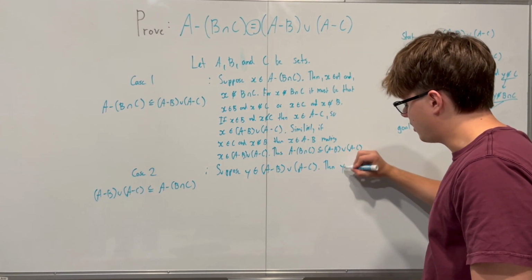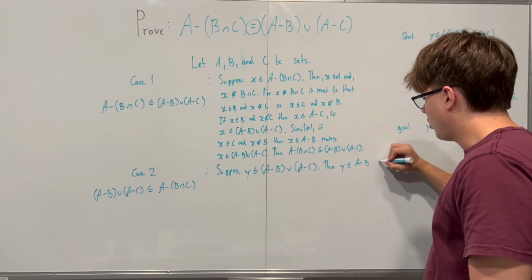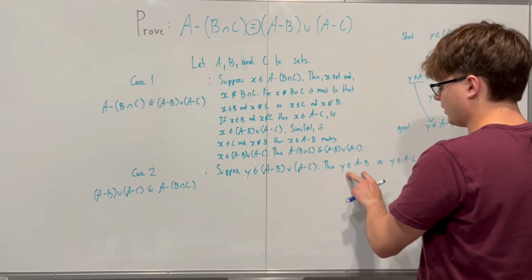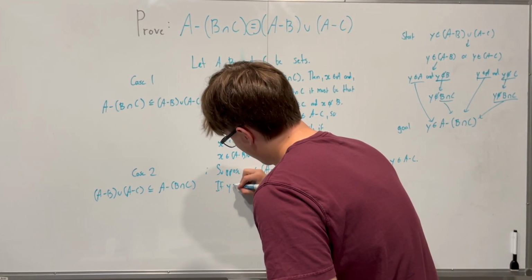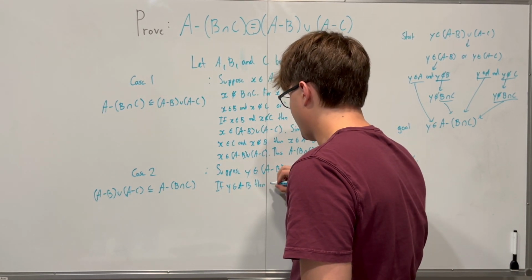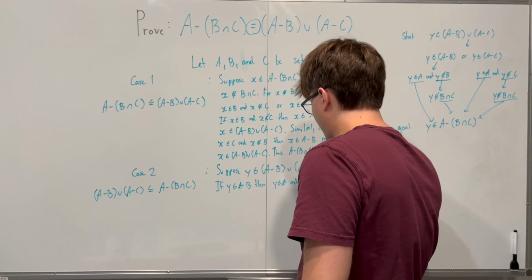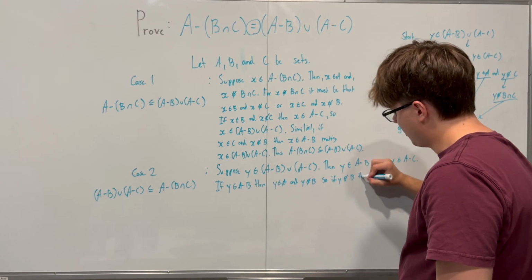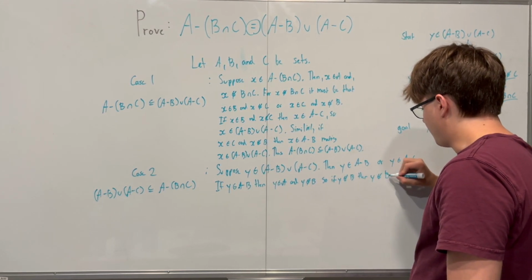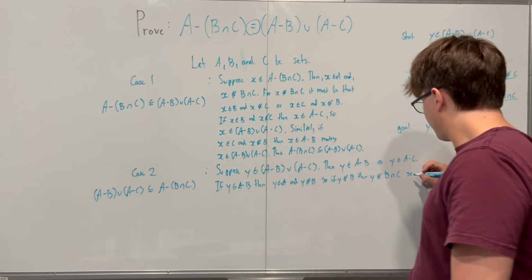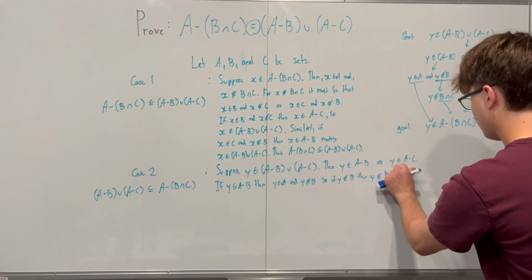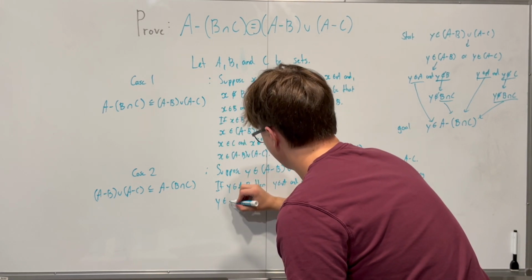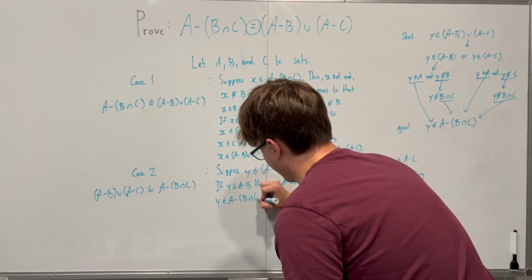We can then say, then y is an element of A minus B, or y is an element of A minus C. Okay, now let's break it down into the case where it's an element of A minus B. If y is an element of A minus B, then y is an element of A and y is not an element of B. So if y is not an element of B, then y is not an element of B intersect C, making y an element of A minus B intersect C.